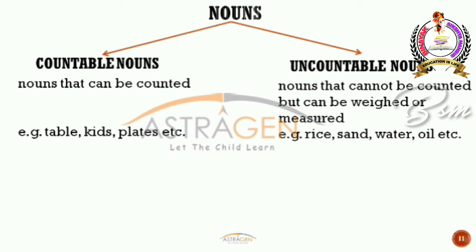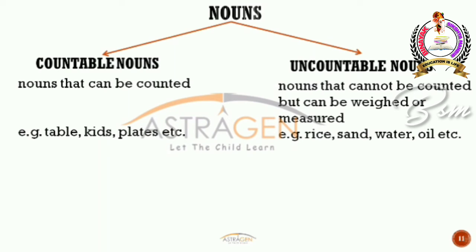Then how do we actually count the liquid materials? You either measure them or weigh them. For example, how do you measure water? In liters, milliliters, or cans, or tubs, or buckets, right? And what about oil? Oil can be measured in liters, milliliters, or sometimes grams as well.